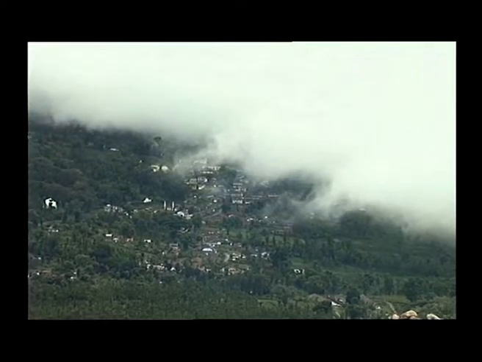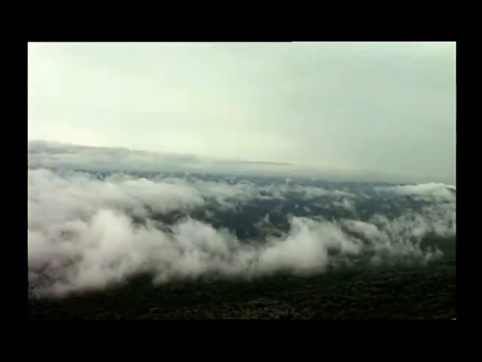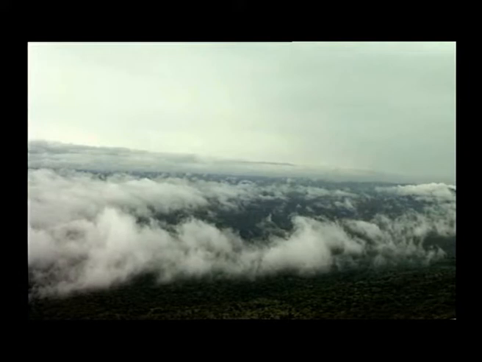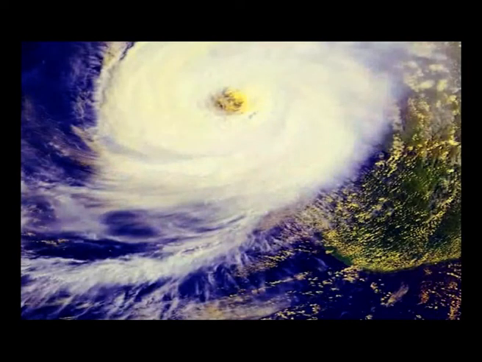Cool currents deflect isotherms equatorward. Warm currents deflect them poleward. Cool currents produce the greatest isothermal bends in the warm season, warm currents in the cool season.